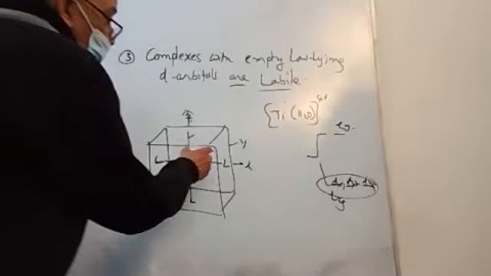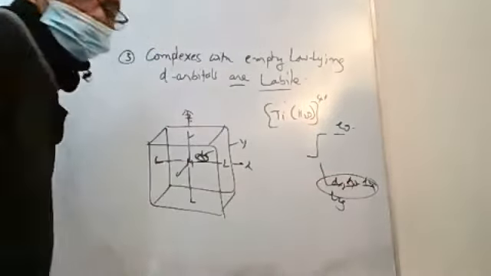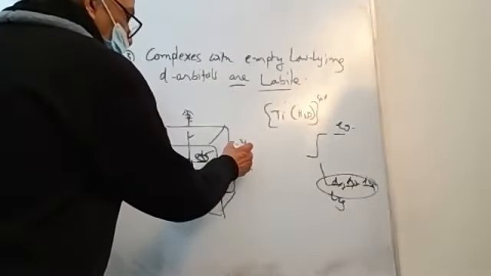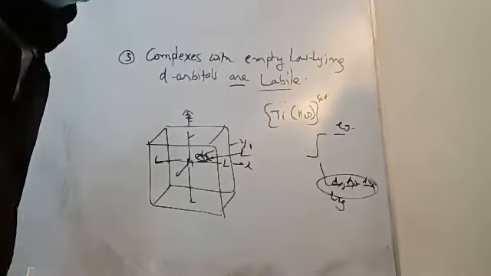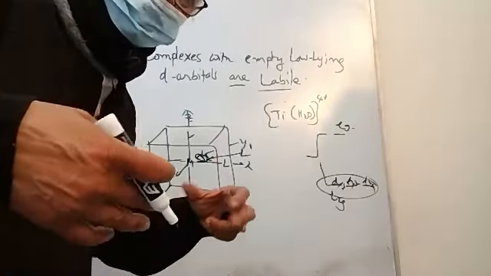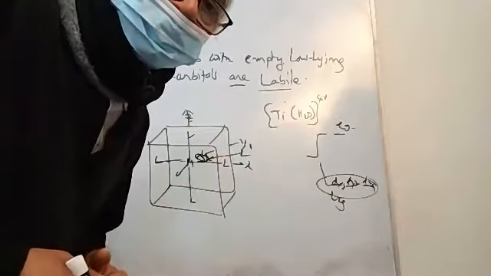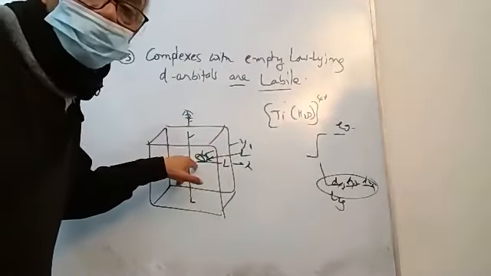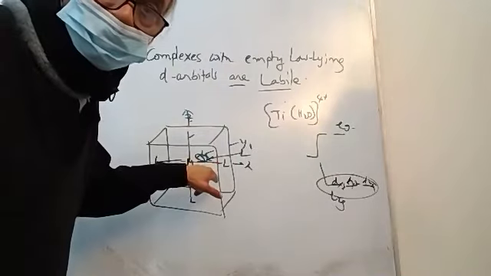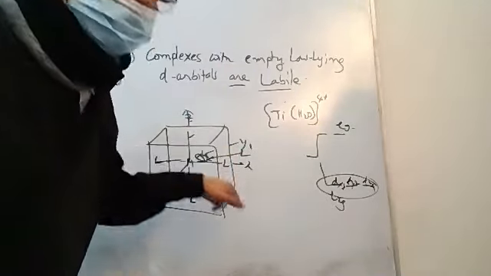So when you don't have electrons in these orbitals, that means whenever a new ligand comes, the L prime, usually what happens is the new ligand always tries to insert itself between the original ligands. And if there are no electrons in the xy, yz, zx, that tells you there will be no repulsion to kick this incoming ligand away.